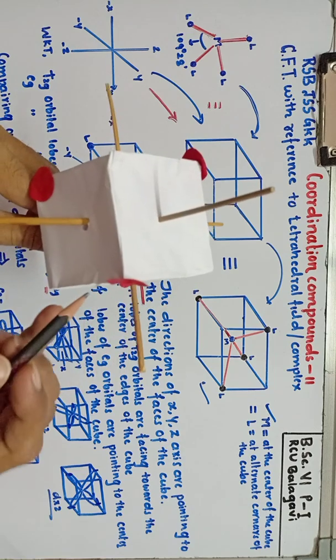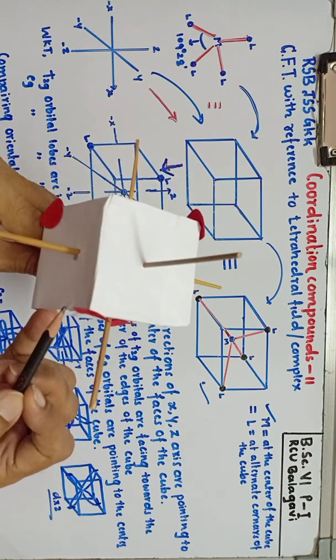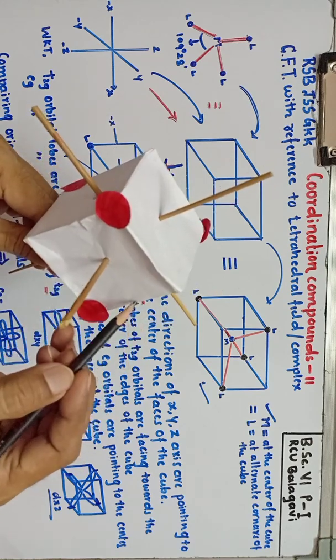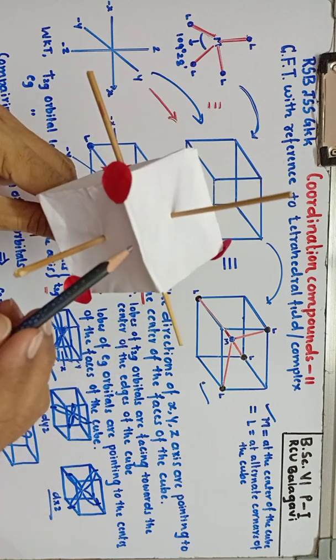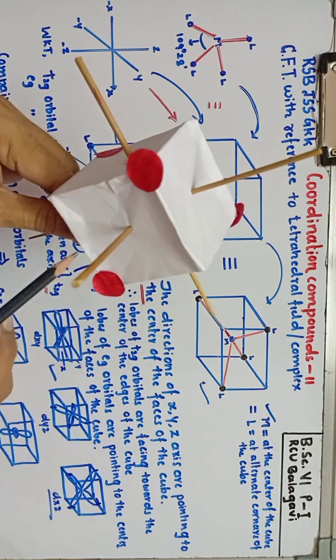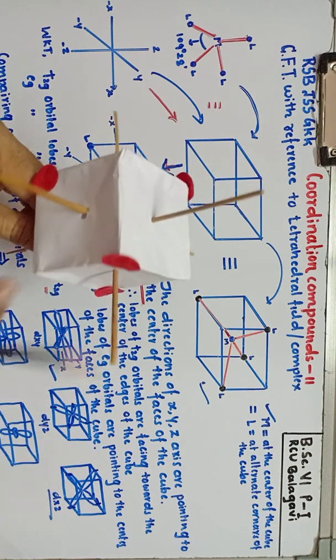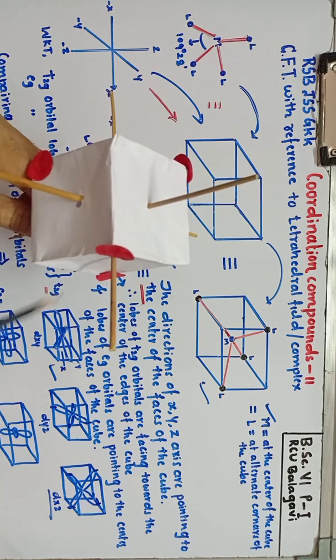For example, any T2g orbital you take, they will come exactly here at the edge of the cube. One more lobe will come here, or here, or sometimes some other lobes will come here. That means T2g orbital lobes are always present at the center of the edge of the simple cube. This is one fact.